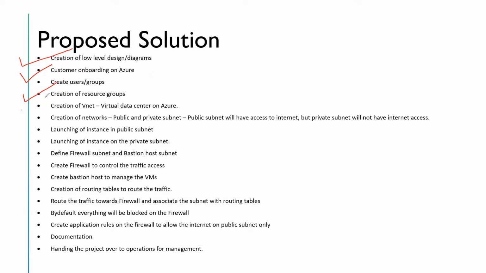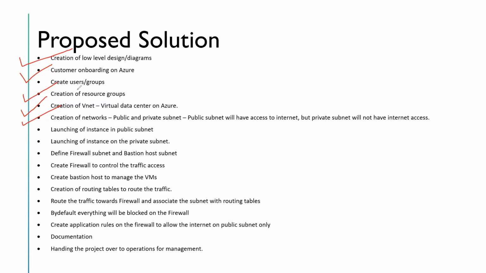Then we will create a virtual network, which is a sort of virtual data center on Azure, so that he can deploy his applications. Then in that VNet, or virtual data center, we will create networks: a public and a private subnet. The public subnet will have internet access, but the private subnet will not.